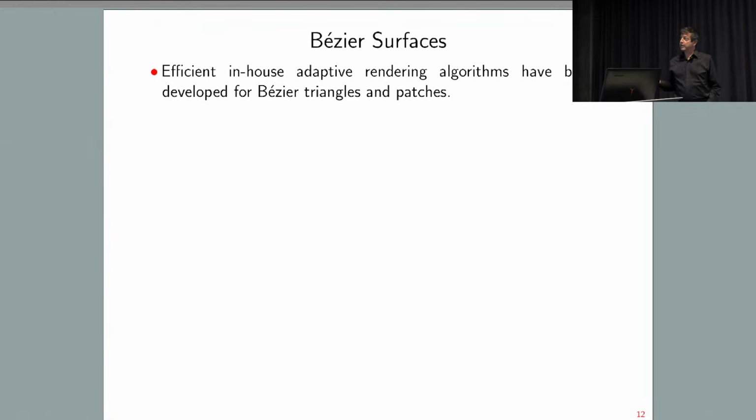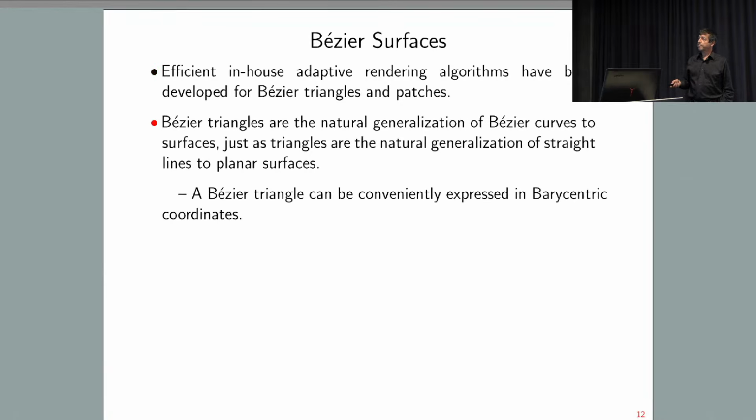So all the 3D work is based on Bezier surfaces and curves as well. But the most difficult part are the surfaces, because you have to deal with occlusion and lighting and subdivision cracks, rendering, all kinds of issues. The fundamental atoms of 3D graphics for Asymptote are Bezier triangles and patches.